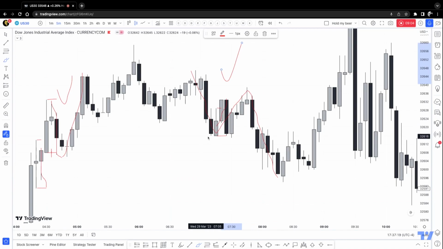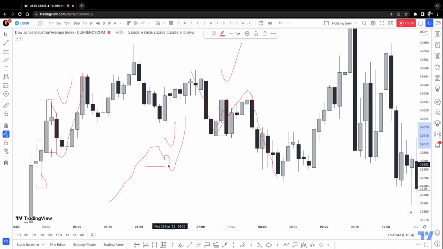Always pay attention to the actual move. When the market creates a high, you're going to see which candle was the highest point, the candle that created the last high, and see where the last low is. If the market eventually sweeps the low and pushes up, this is a valid pullback.